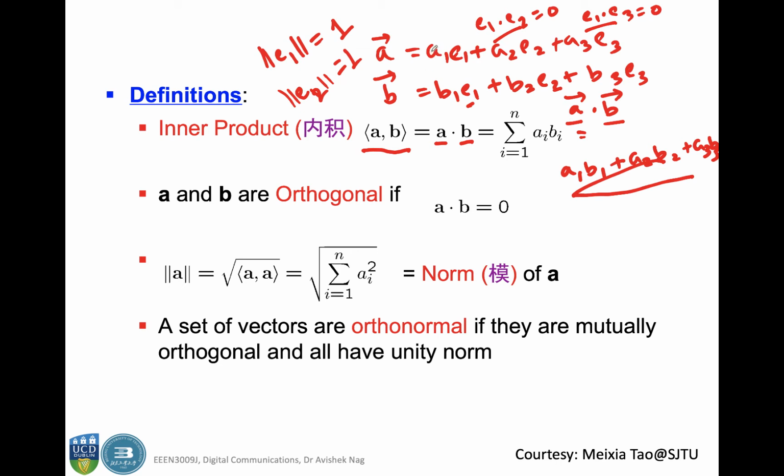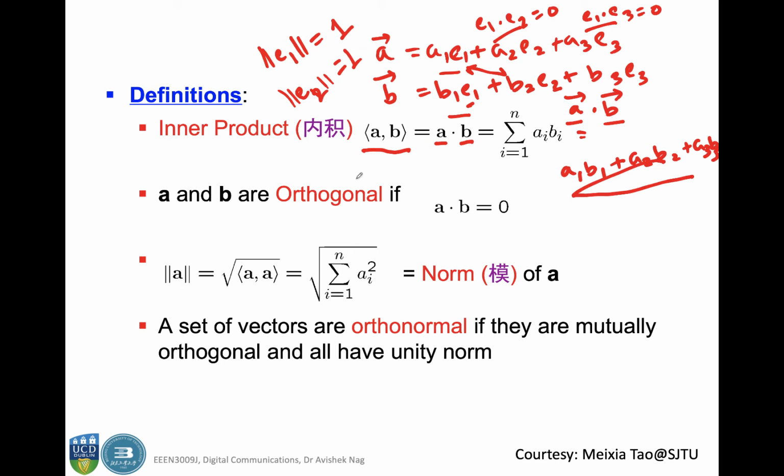Because if you take these two terms, for example, a1 b1 times e1 square will give you a1 b1. These two terms together, the product will be a1 b2 times e1 dot e2, so that will be 0. So all the cross terms will be 0, and then you will have a1 b1 plus a2 b2 plus a3 b3. So this is basically a revision of the prior concepts that you have learned in linear algebra.